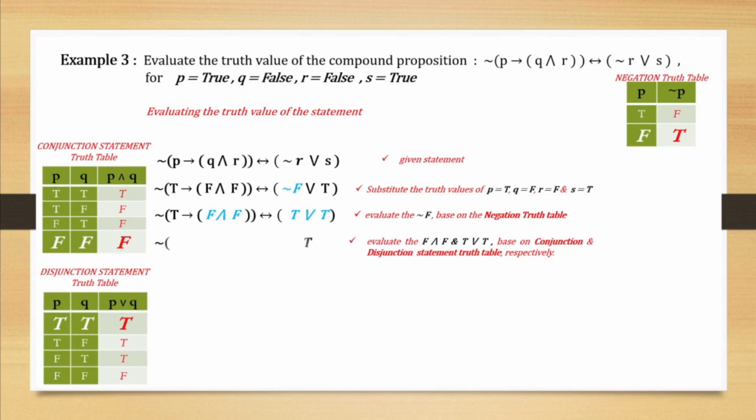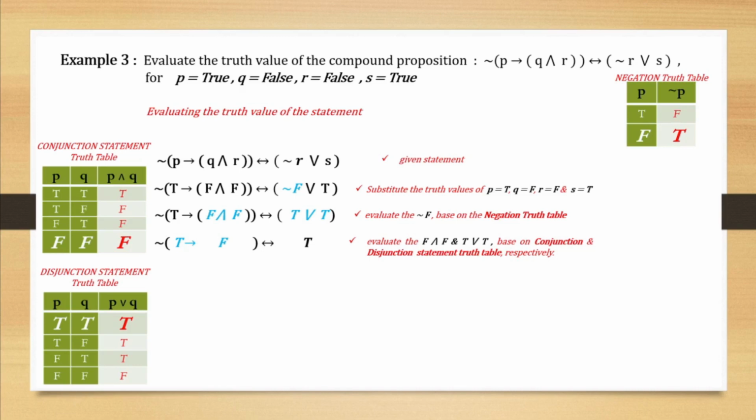So we can say, as defined by the truth tables of the conjunction and disjunction, when P and Q are both false, using the conjunction, the statement P and Q is false. But using the disjunction statement, when P and Q are both true, then we can say the disjunction of P and Q is true.